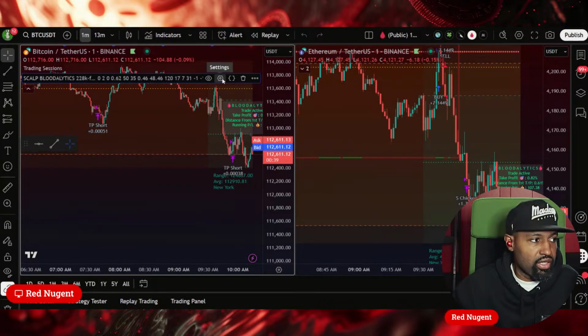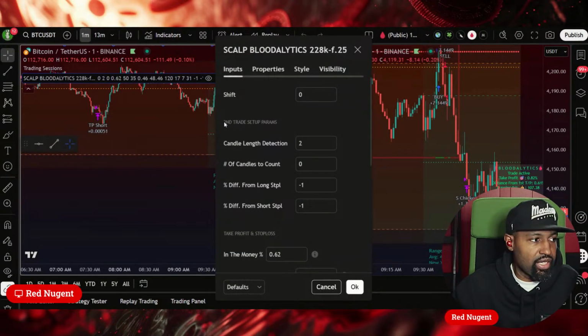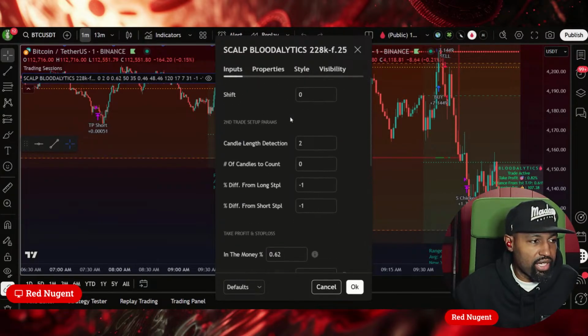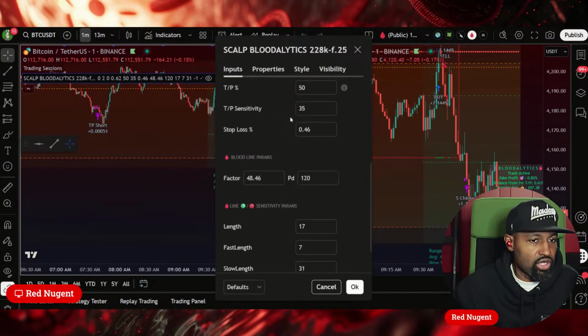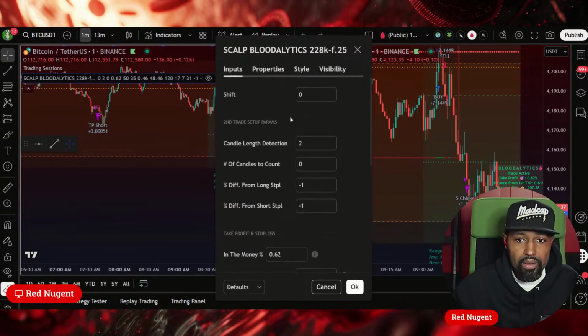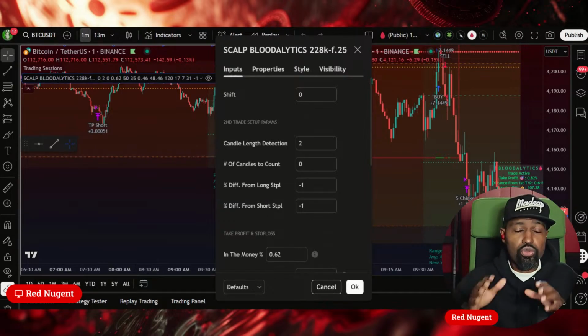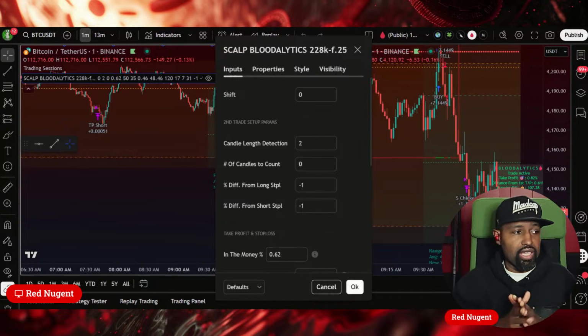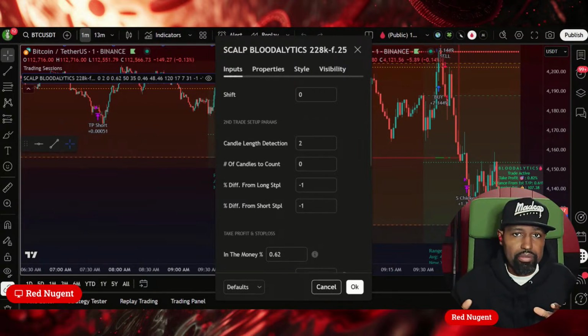Hit the cog settings icon for the indicator, jot these down and replicate these on your new chart. Because when you add the signal to a new chart, it's going to give you some random parameters, so it's not going to work out of the box.